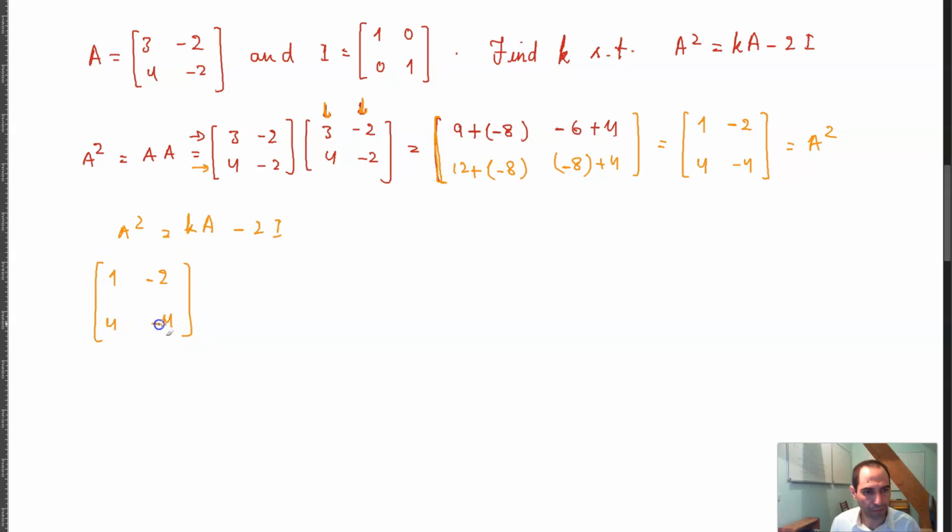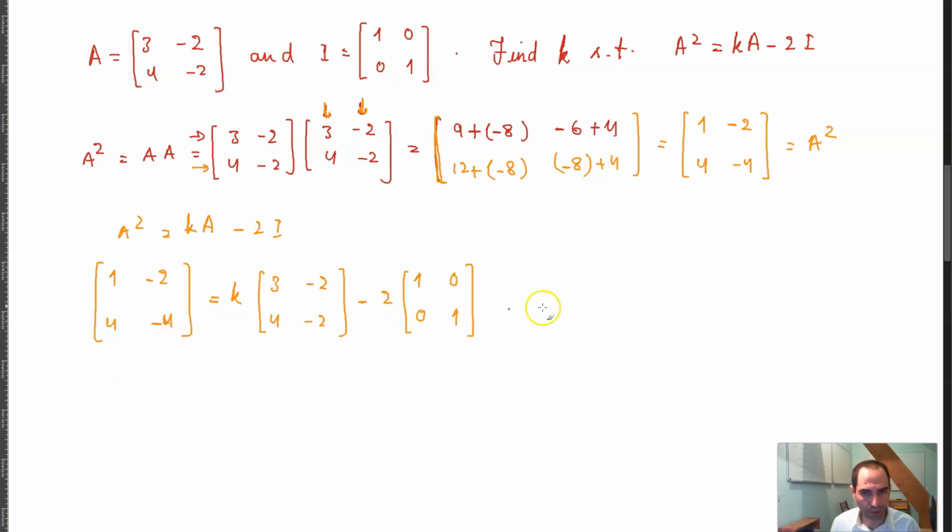And that is equal to K times A, which is 3, negative 2, 4, negative 2, minus 2 times I. 2 times I would be 2, 0, 0, 2.